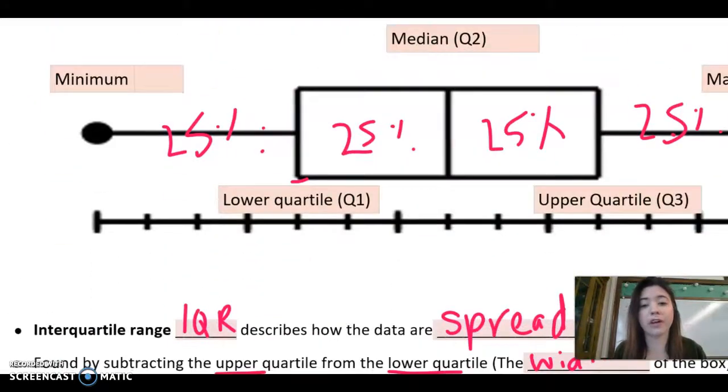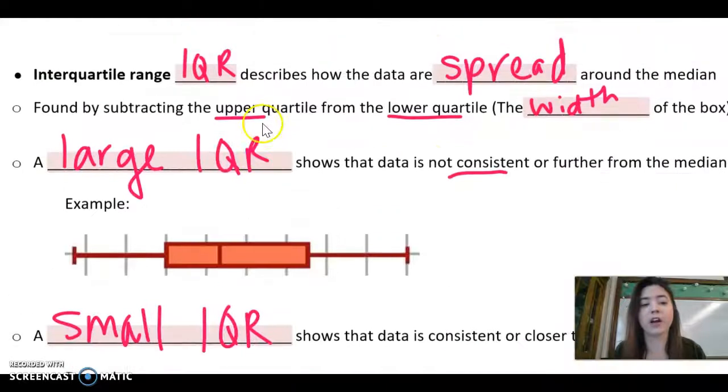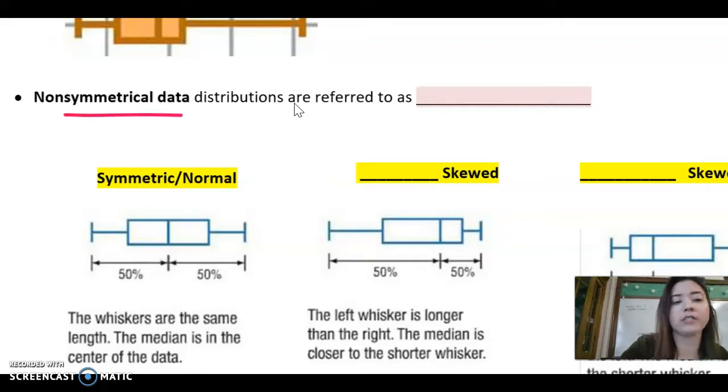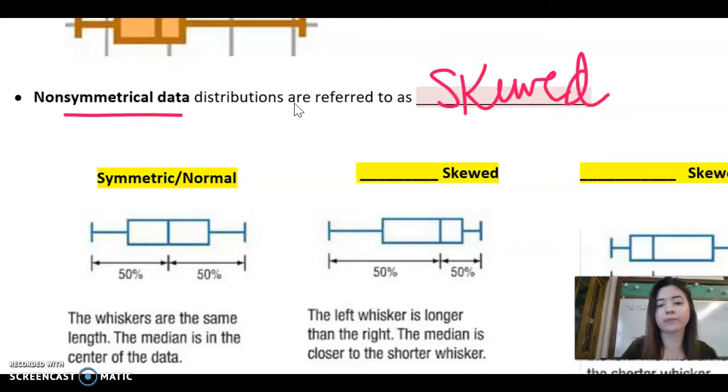So our 5 data points, percentages, our interquartile range, and then the last thing is the shape of our box and whisker plots. A reminder that non-symmetrical data is referred to as skewed.